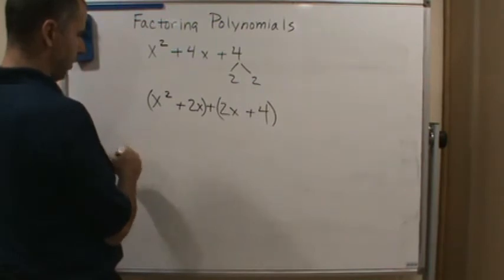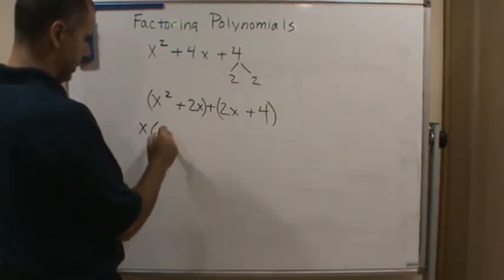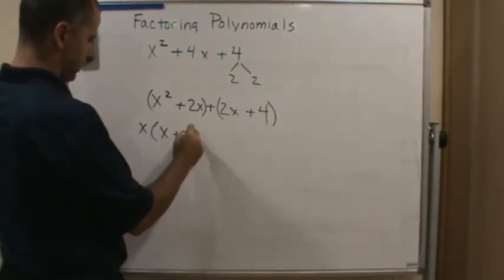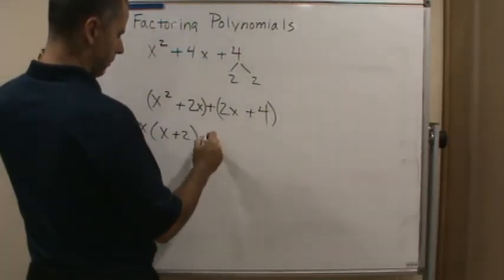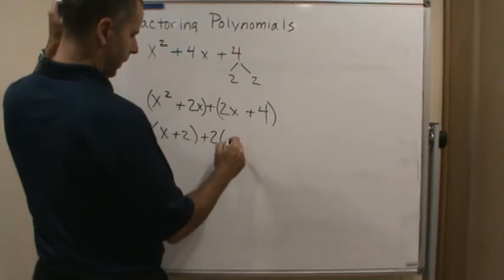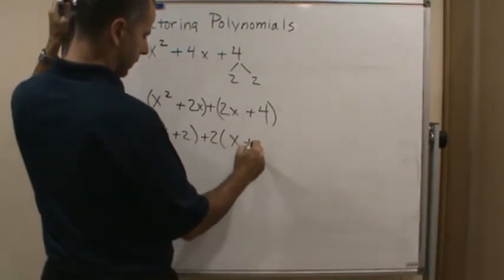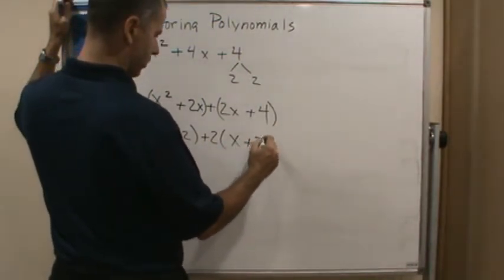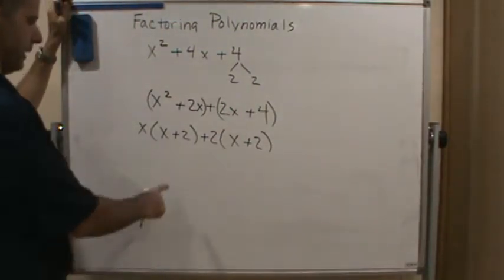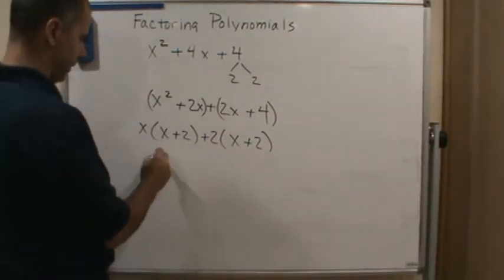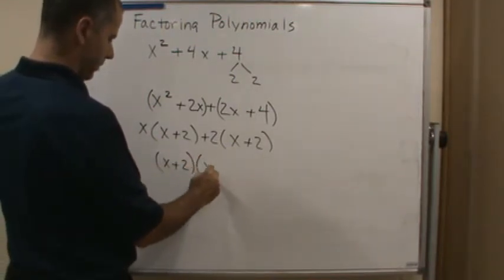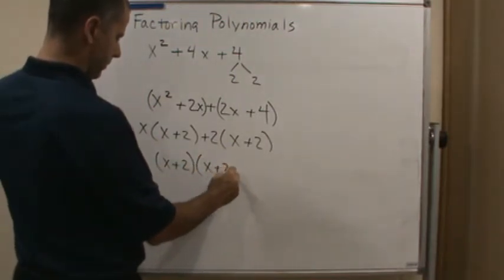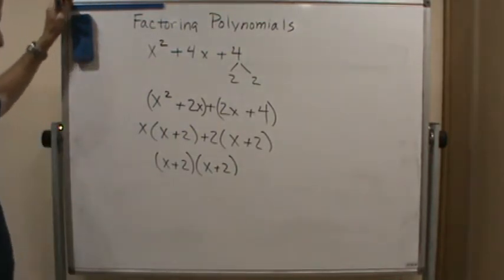I'm going to factor out an x here, so this will be x times x plus 2. And I'm going to factor out a 2 here, and I'm going to get an x plus 2 here. And of course I get my common factor. So I'm going to factor out an x plus 2, and I get x plus 2.